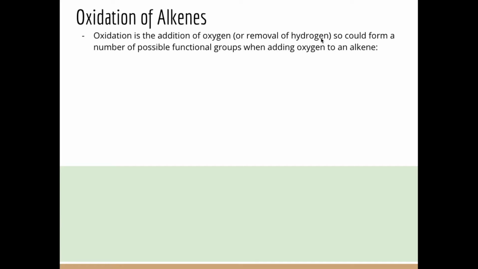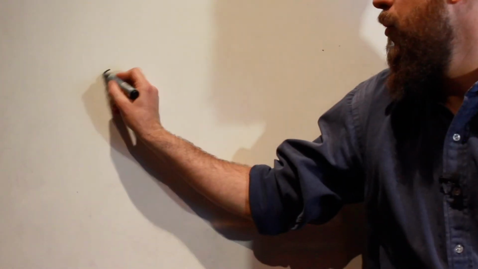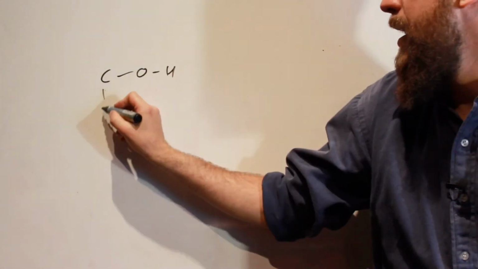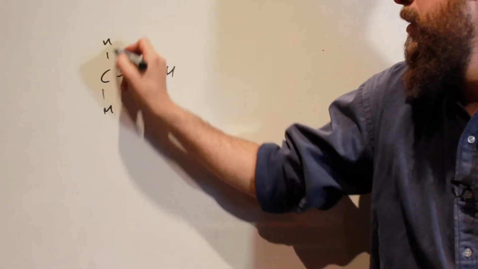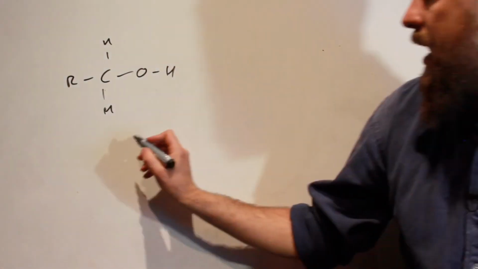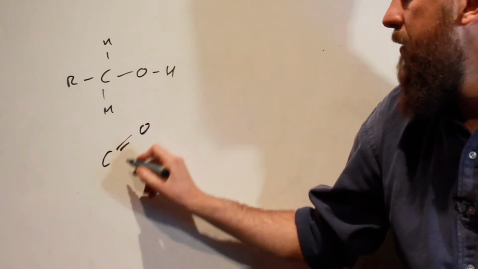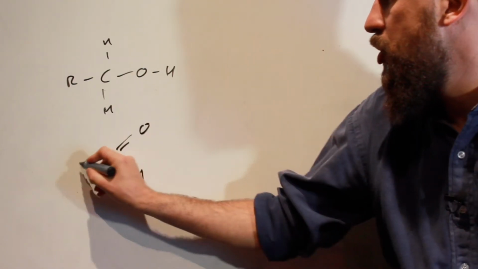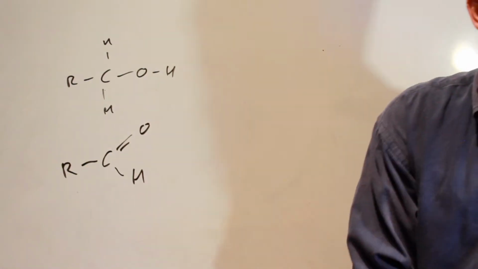Oxidation is the addition of oxygen, or defined as the removal of hydrogen. So we could form a number of possible functional groups when adding oxygen to an alkene. These include alcohols, so we could have an alcohol group there. We could have aldehydes, where we have a carbonyl, double bond O, with an H at the end of the molecule, the rest of the molecule there.